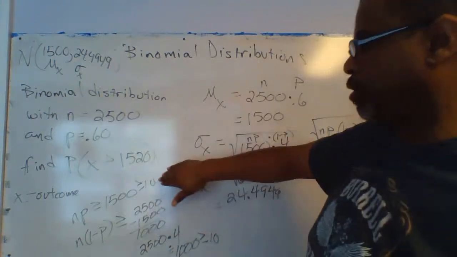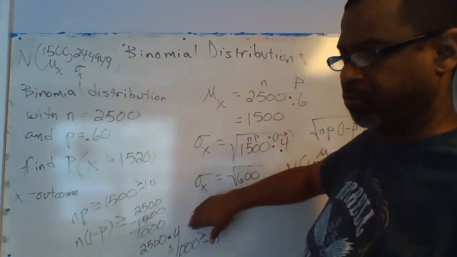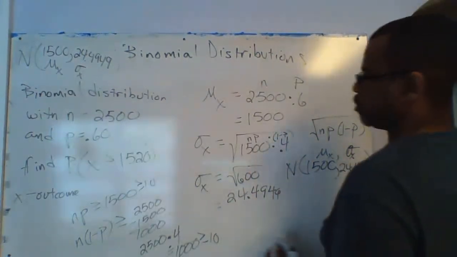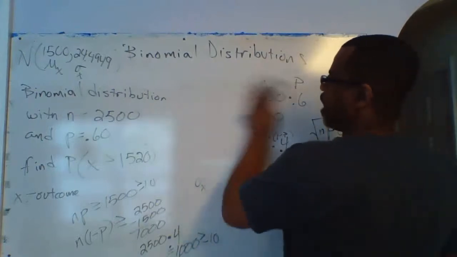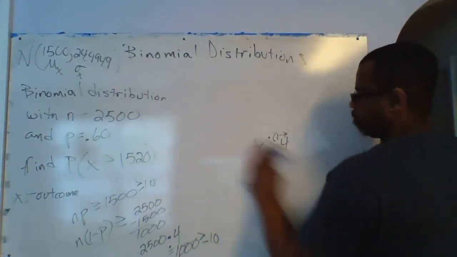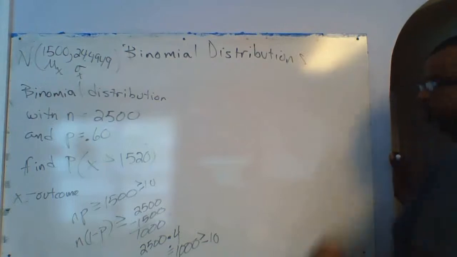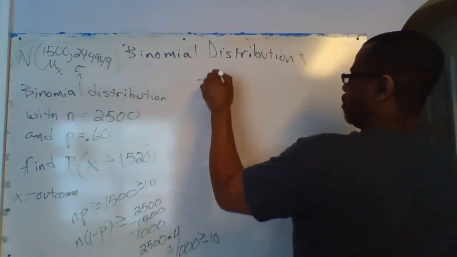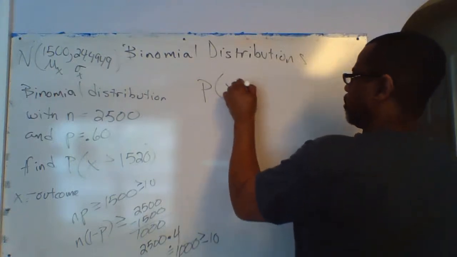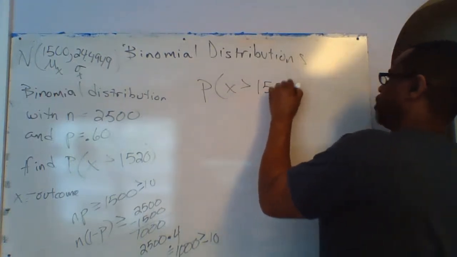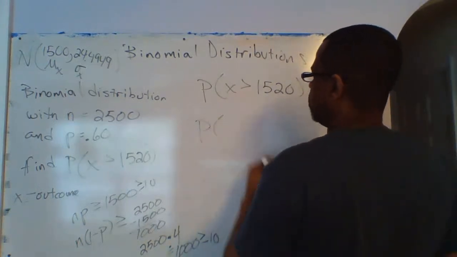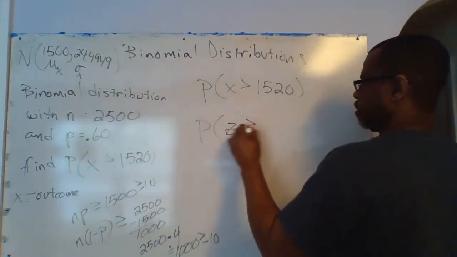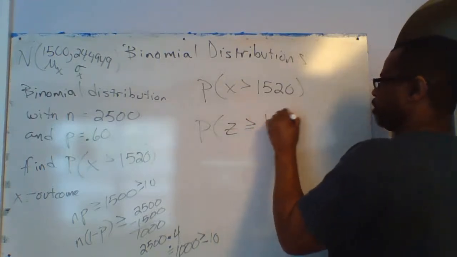But since these conditions are met, we can go ahead and use the norm curve. So we'll say the probability the outcome is greater than or equal to 1,520. Since it's a norm curve, we can convert this to z.